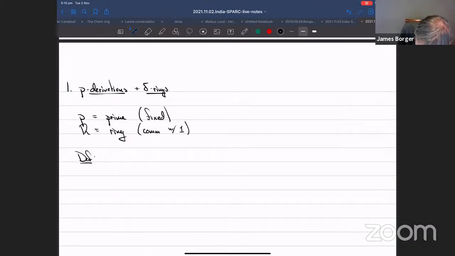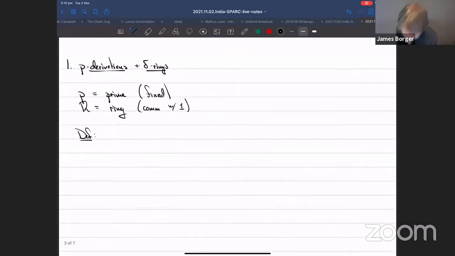Then here's maybe one of the two key definitions.